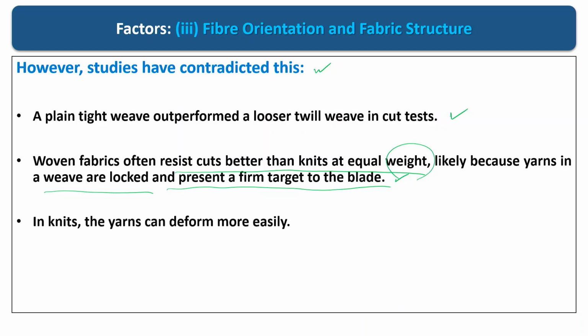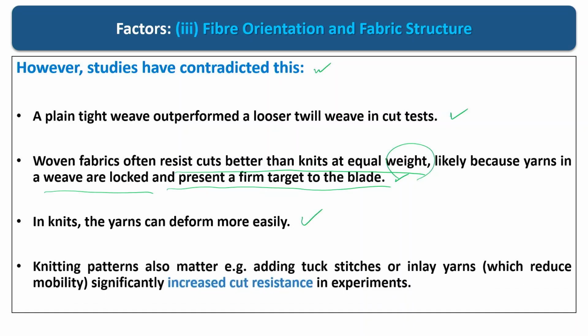In knits the yarns can deform easily. So, knitting patterns also matter. So, adding tuck stitch or inlay yarns, that is some strong yarn which reduces the mobility, significantly increases the cut resistance. So, we can change the cut resistance by changing the structure of fabric.